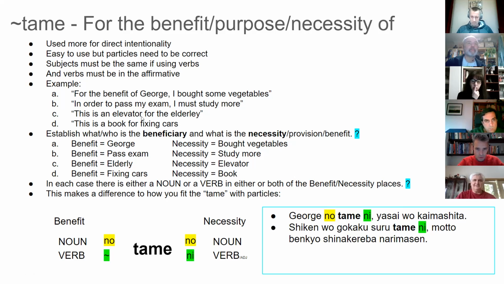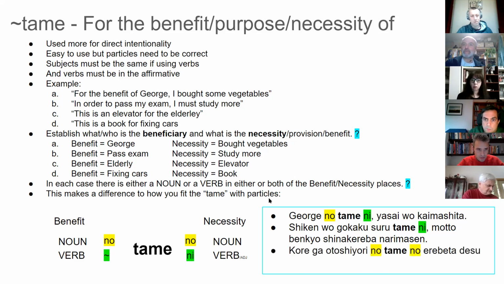Cool. Joel, this is an elevator for the elderly. これは how do you say elderly? I forgot. お年寄り is a polite way of saying this. これはお年寄りのためのエレベーターです。 Good, yes.